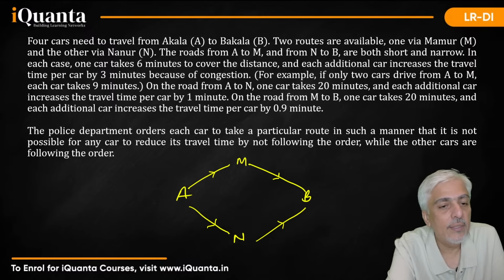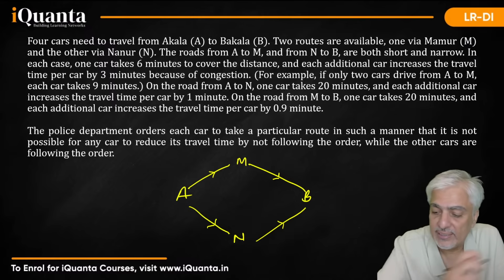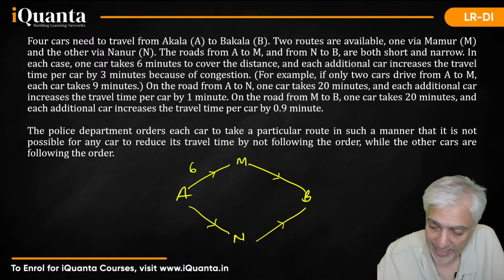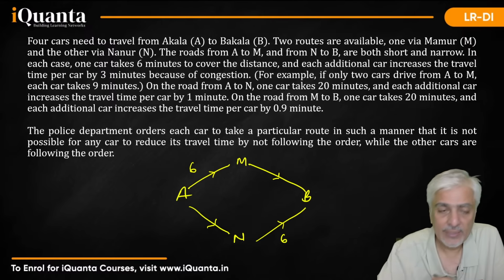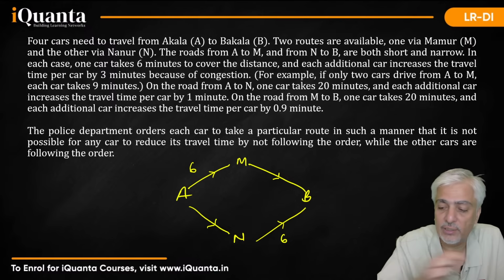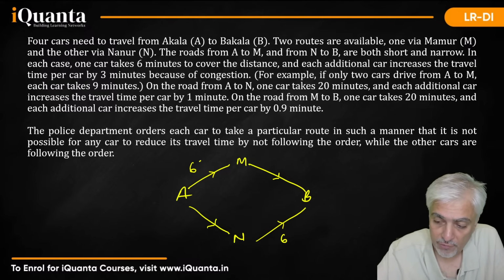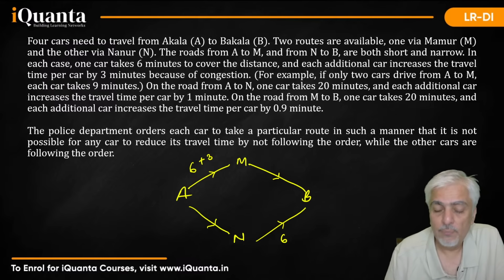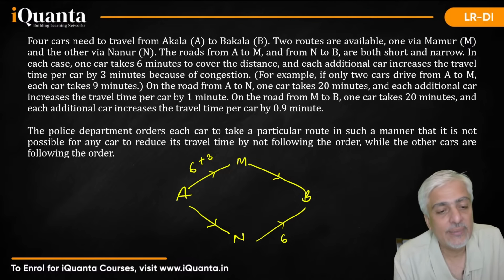The roads from A to M and N to B are both narrow, and one car can take 6 minutes to cover the distance. That means if I go from A to M, I might take 6 minutes, and here also 6 minutes. But for every additional car, every car will take 3 more minutes because of congestion. That means if 2 cars go, both will take 9 minutes.